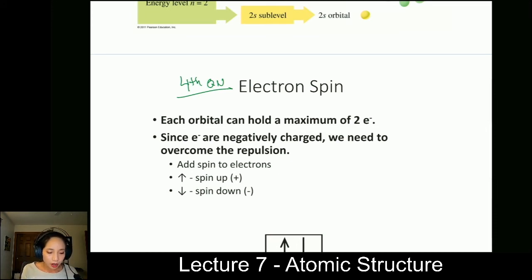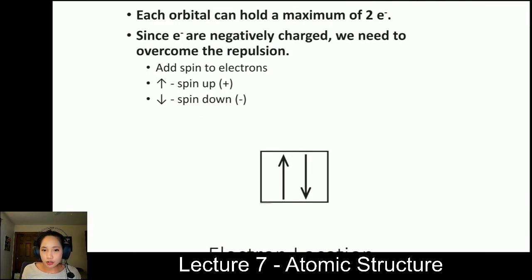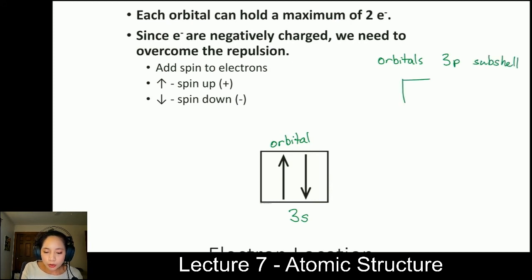So that's where our 4th quantum number comes into play, our electron spin, where we can have spin up or spin down. And that's what is being shown in this diagram right here, where this box is an orbital. Let's just say it's our 3s orbital. We could have a spin up or a spin down electron in there. If I wanted to talk about the orbitals within our 3p subshell, remember there's 3 orbitals within a p subshell, so I'm going to draw 3 boxes.